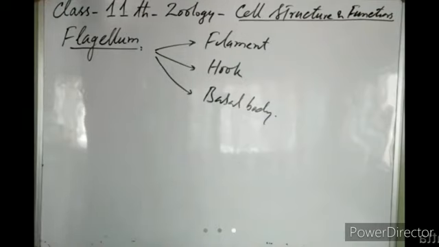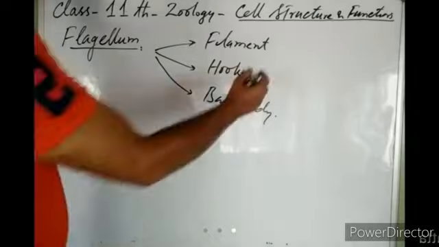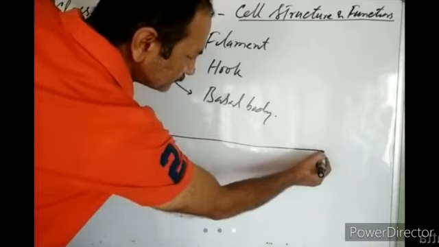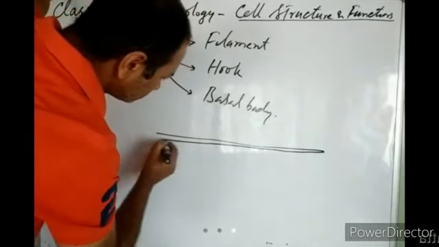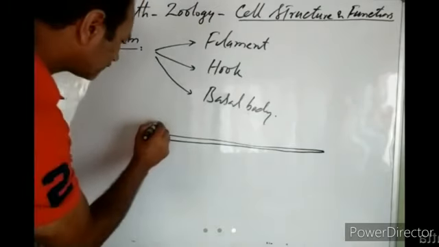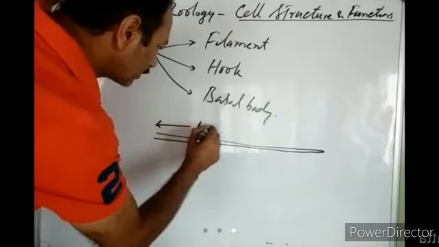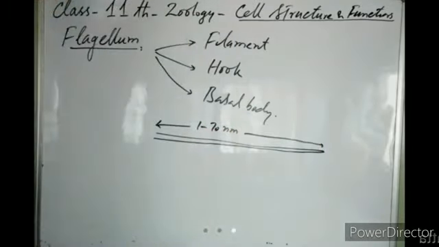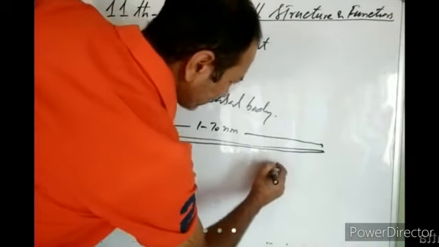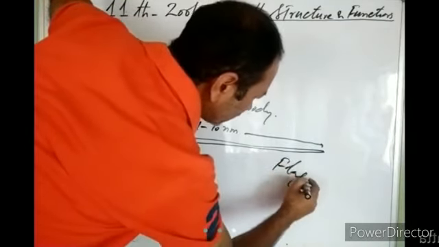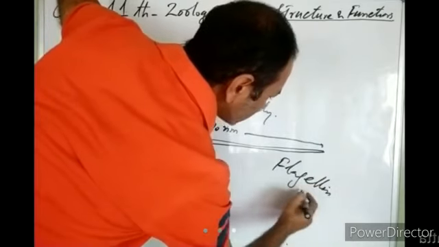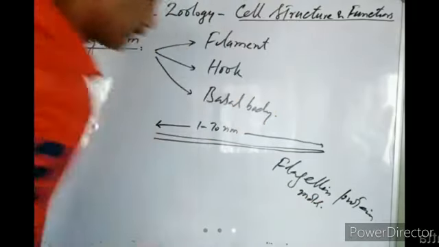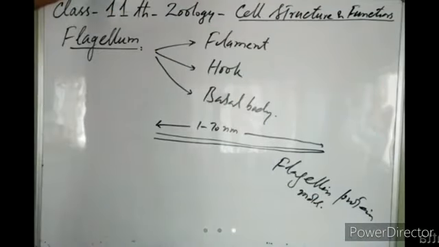The first part is a long straight part known as the filament. This filament may be approximately 1 to 70 nanometers in length. It is the longest part of the flagellum.